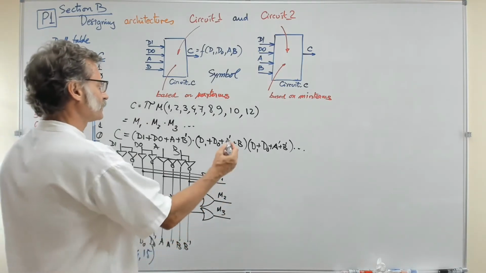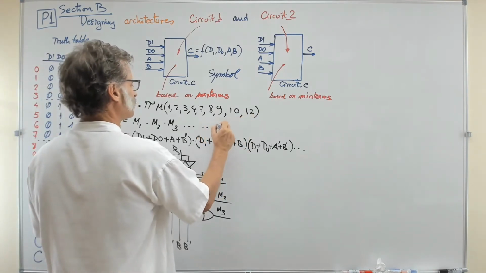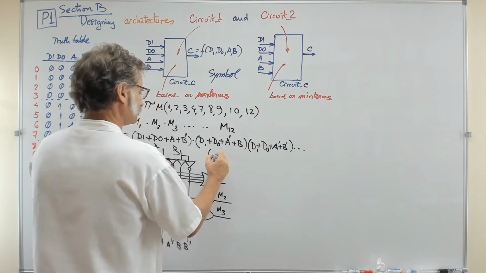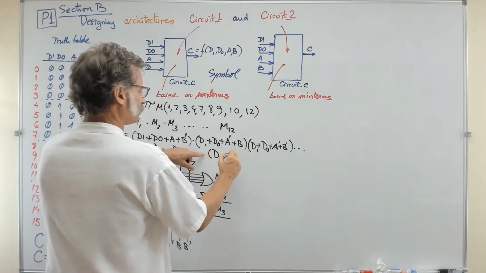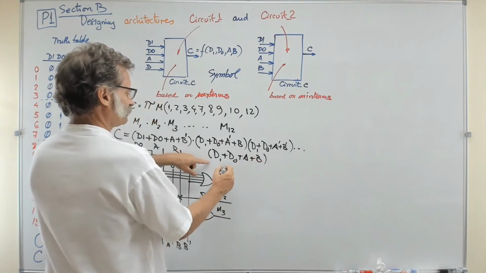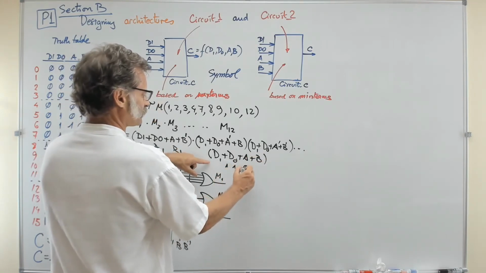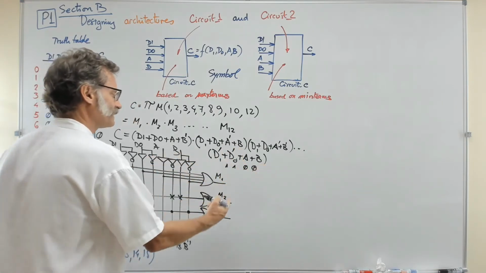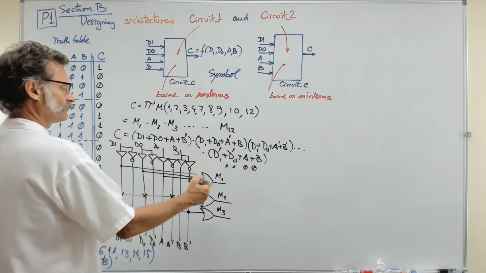So you can continue writing down the maxterm 12, which is going to be another term, D1 or D0 or A or B, but because the 12 is 1100, this is the term to consider. This is the maxterm 12, the last one, okay?